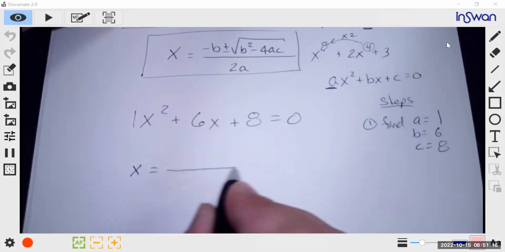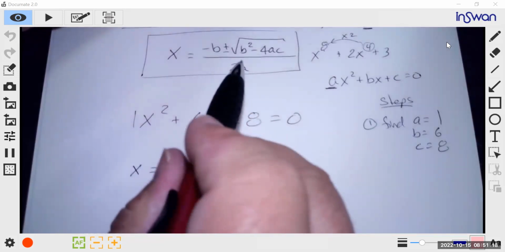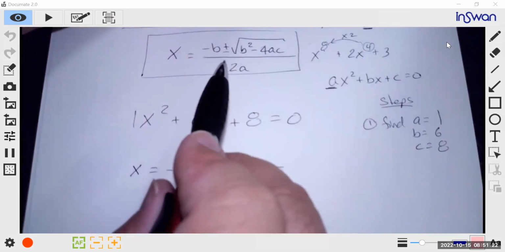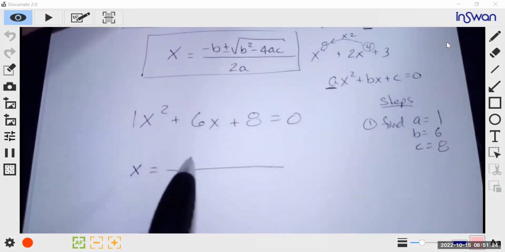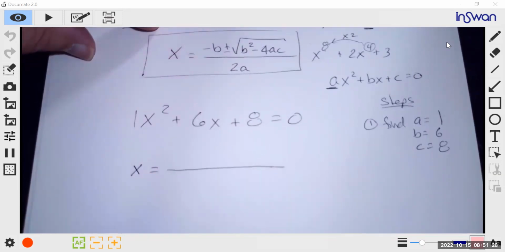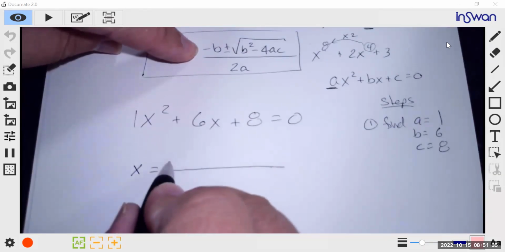When you solve these for your homework, after you label A, B, and C, always start off by writing the formula so it helps you memorize it. Write down the formula first on each equation. So I have negative.